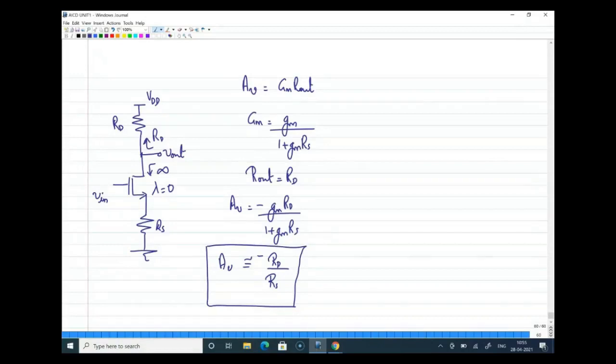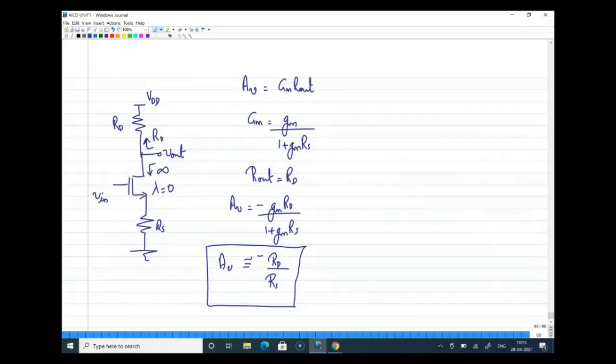Right. So compared to the other gain expressions, you can see that here your gain is simply the ratio of two resistors, and there will not be any varying factor in the gain.